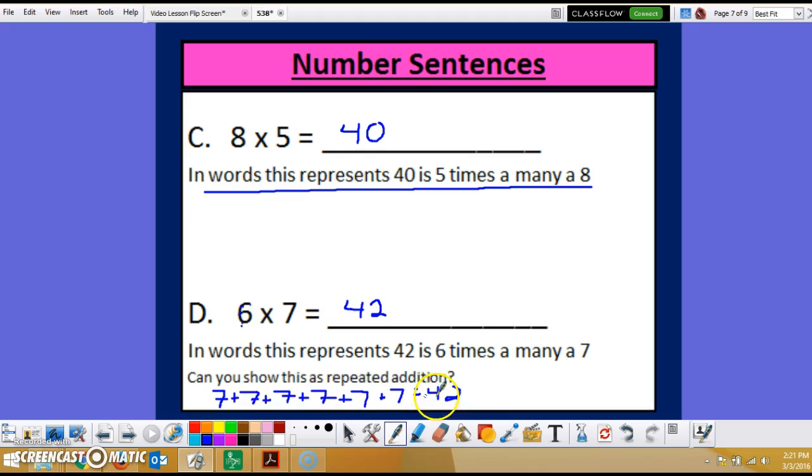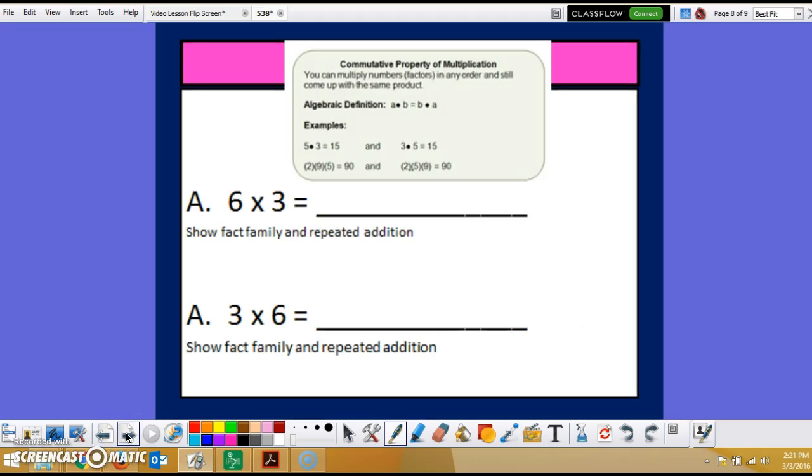Multiplication being nothing but repeated addition, and the commutative property tells me I could inverse this and add 6 seven times, and I'd still get 42. So I could certainly show number sentences using addition, subtraction, multiplication, division, and as we had previously seen, greater than, less than. Number sentences are everywhere.